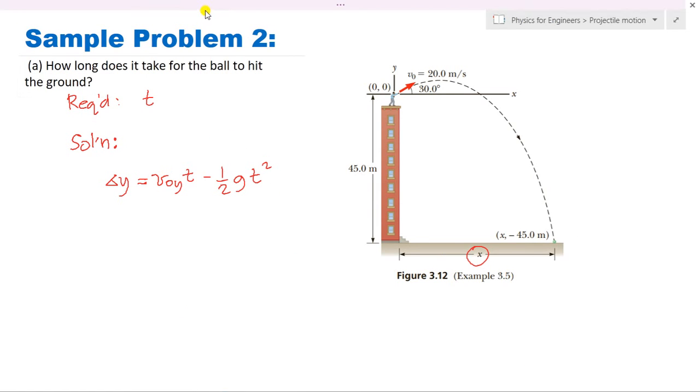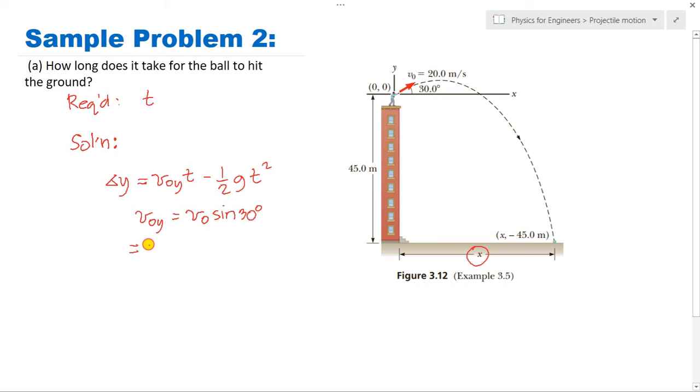So, let's continue. We all know that V0y is equal to V0 sine of our throwing angle, wherein our throwing angle is 30 degrees. So, sine 30 degrees. And then, let's plug it into our equation.